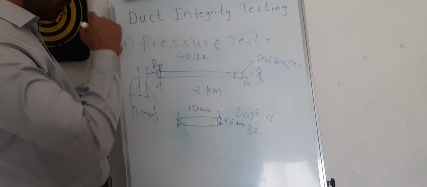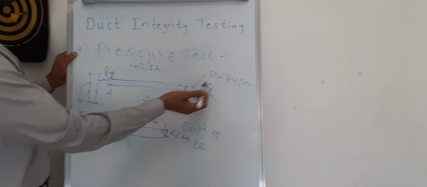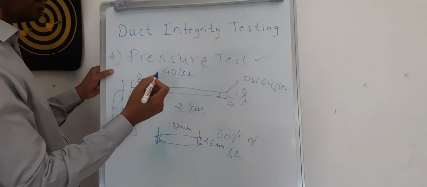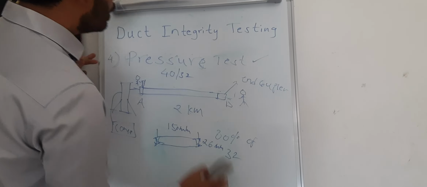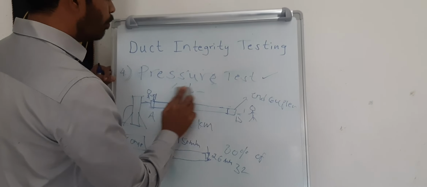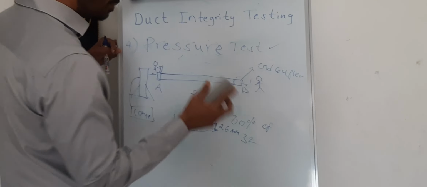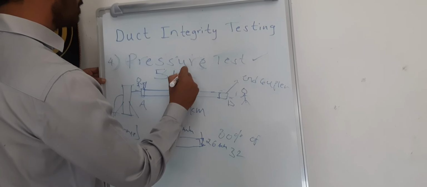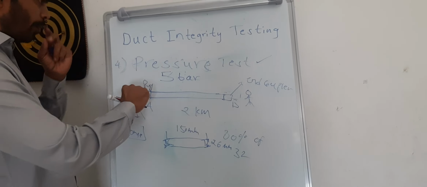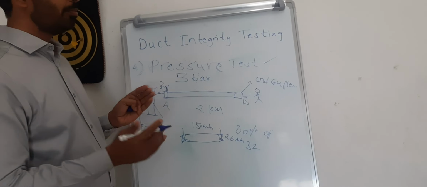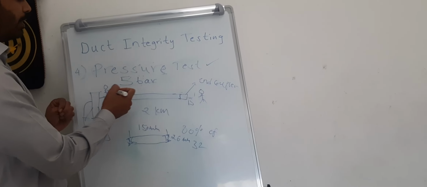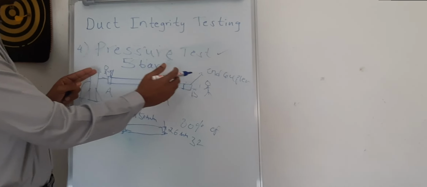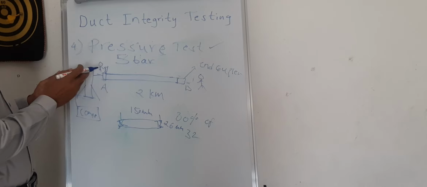In this test, your end is sealed with the end coupler. At this end you are introducing 5 bar air pressure. Once it is pressurized to 5 bar, which you will know when you see the gauges here and here, both sides, you stop the flow of compressed air.